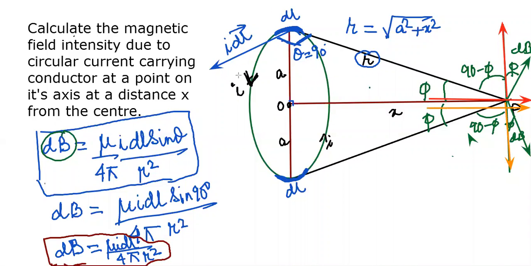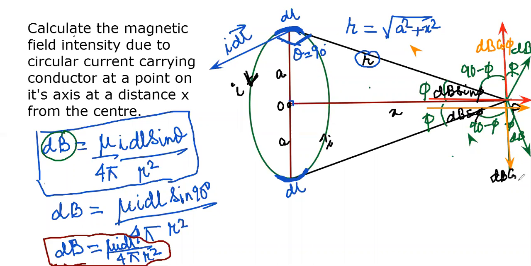So I can easily write it from here, children, that for the upper part, this will be your dB cos phi, and this will be your dB sin phi. And for the lower part, this is your dB cos phi, dB sin phi, and this is your dB cos phi.